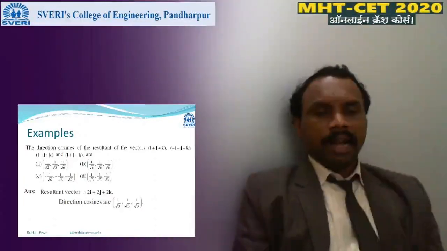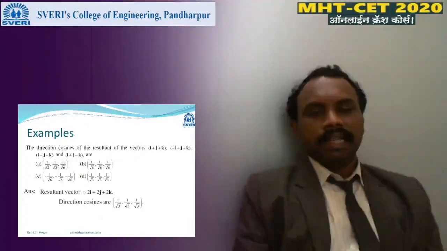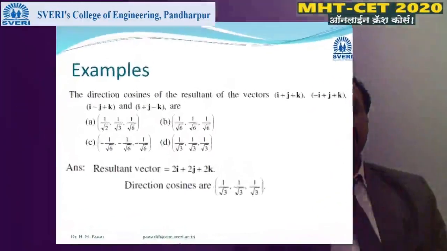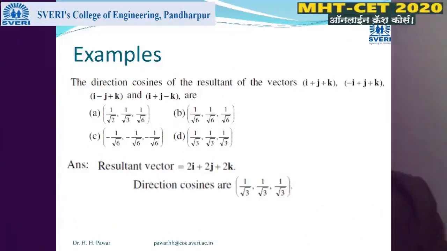So here i plus j plus k plus minus i plus j plus k plus i minus j plus k and i plus j minus k gives us the resultant vector 2i plus 2j plus 2k.